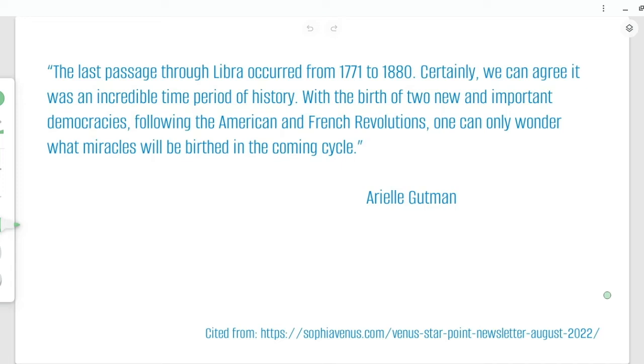I like her optimism here with miracles, but of course we can't fall prey to the idea that any particular transit is necessarily going to magically improve the world. The world goes through lots of shifts and changes, just like our lives. Sometimes things are good, sometimes things are not so good. Generally, when we're thinking of the world as a whole, there's a lot of both good and bad happening simultaneously.